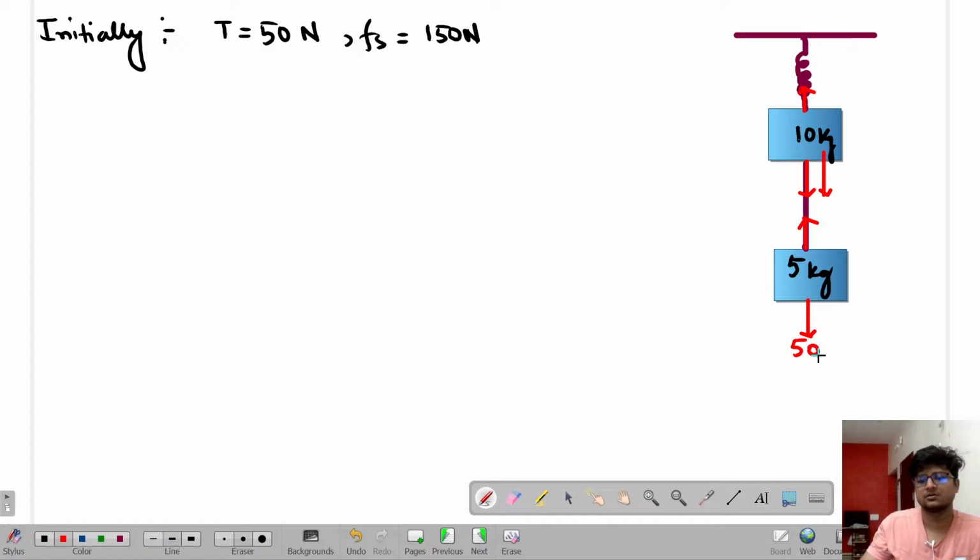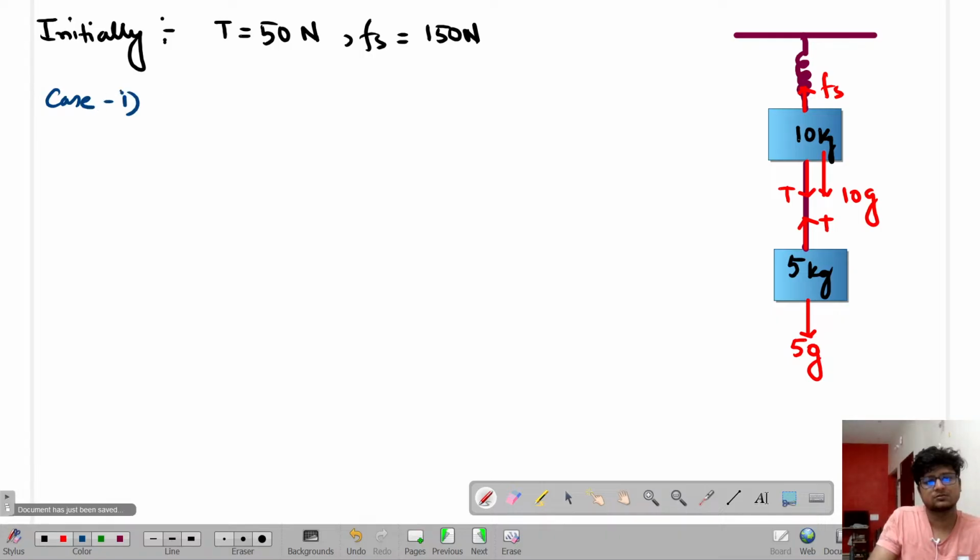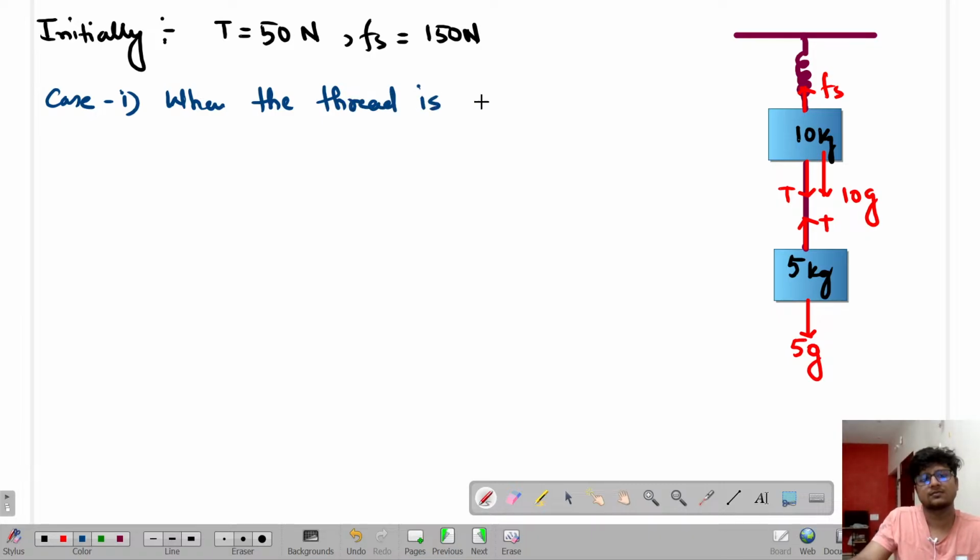Then tell me, case 1, when the thread is cut. As you cut the thread, tension will become how much?